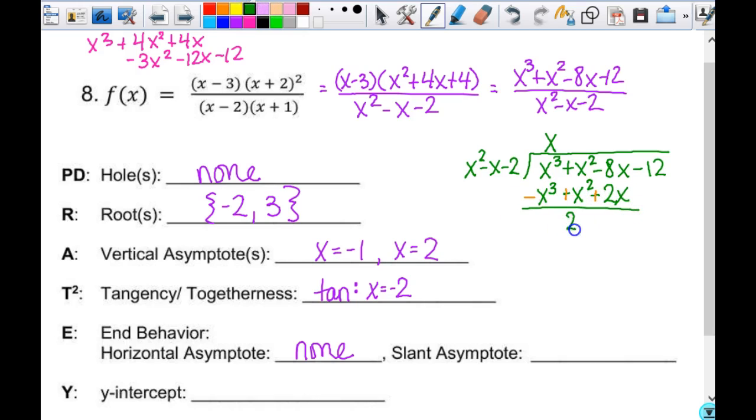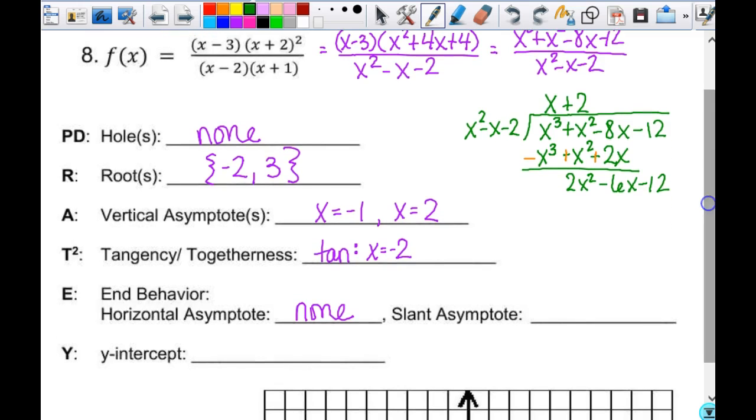So this becomes 2x squared minus 6x minus 12. So then x squared goes into 2x squared positive 2 times. And then really, I don't care about the rest of what happens because that's as far as I can get on that anyway, which means that my slant asymptote is y equals x plus 2.